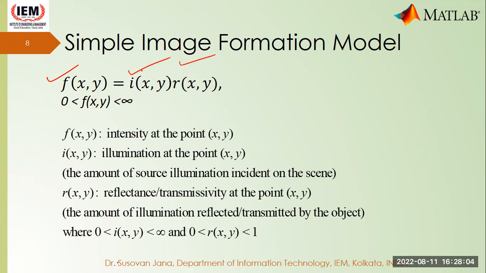The illumination can be from 0 to infinity, but reflectance or transmissivity ranges from 0 to 1. That means 1 is 100% reflectance or 100% transmission, and 0 means no reflectance, no transmission. Based on those two components, our intensity value will be decided, so it is from 0 to infinity.